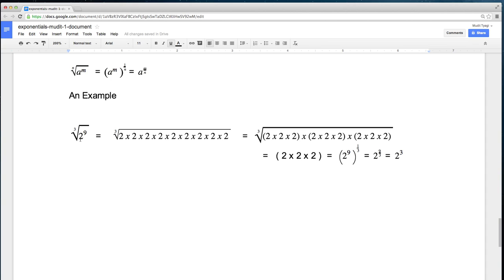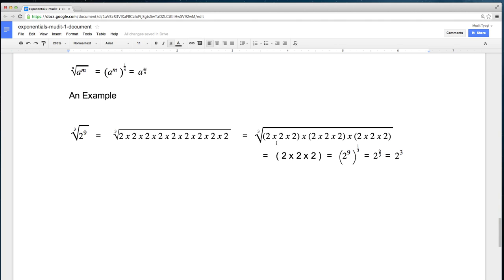So here you've got the cube root of 2 to the 9. What does that mean? Well, it means the cube root of 2 multiplied by itself 9 times. So 1, 2, 3, 4, 5, 7, 8, 9.